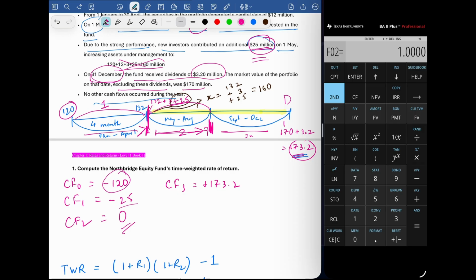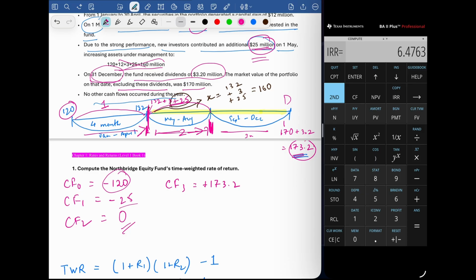Again I'll press the down button. CF3 is how much? 173.2. I'll press enter, then down button. Now it's appearing 1, so I will not press down again. Instead I'll press IRR, CPT. Okay.